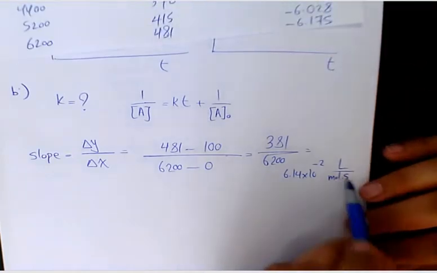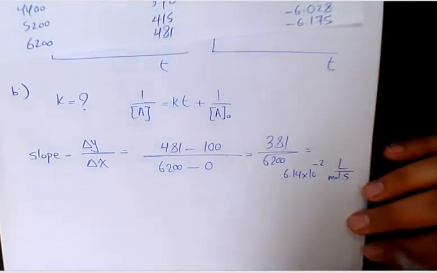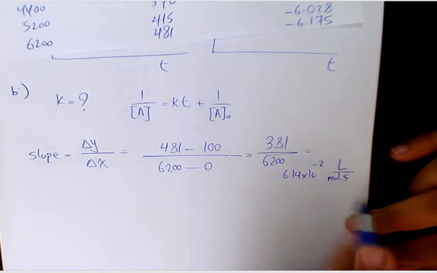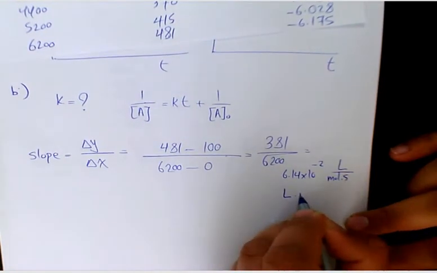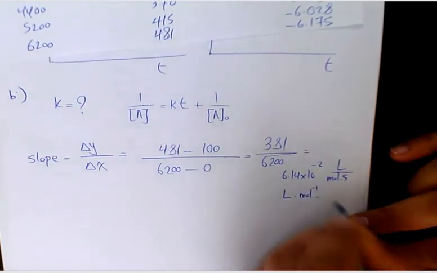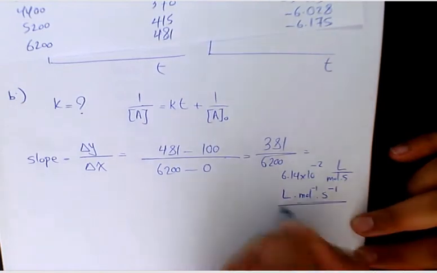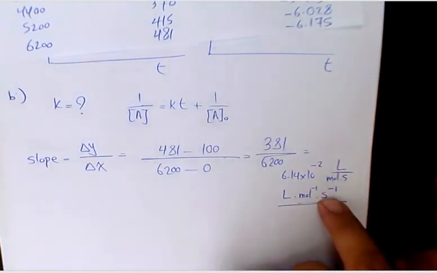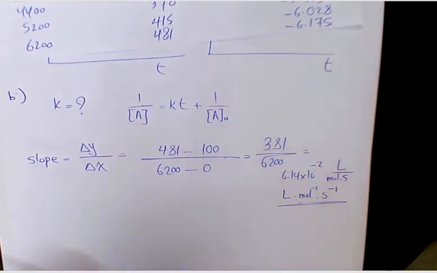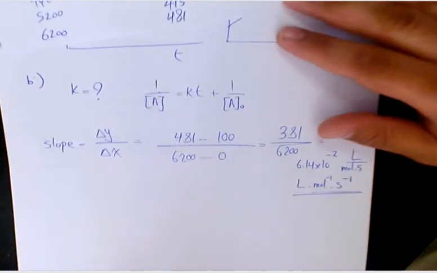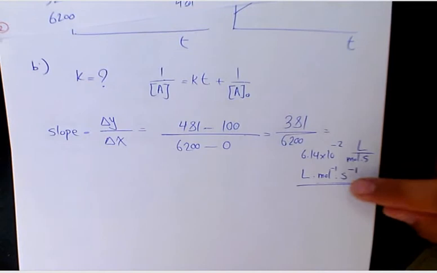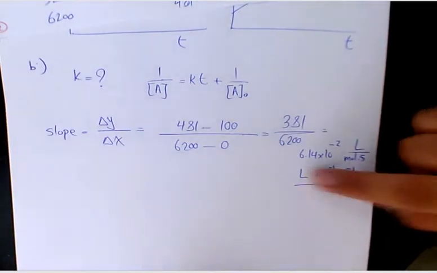That's the unit for rate constant for second order reaction, liter per mole per second, or you can write it in terms of liter mole to the power of negative 1 second to the power of negative 1. Sometimes you have it in terms of minute, sometimes in terms of hours, but seconds and minutes are more common. Why do we have this kind of unit?